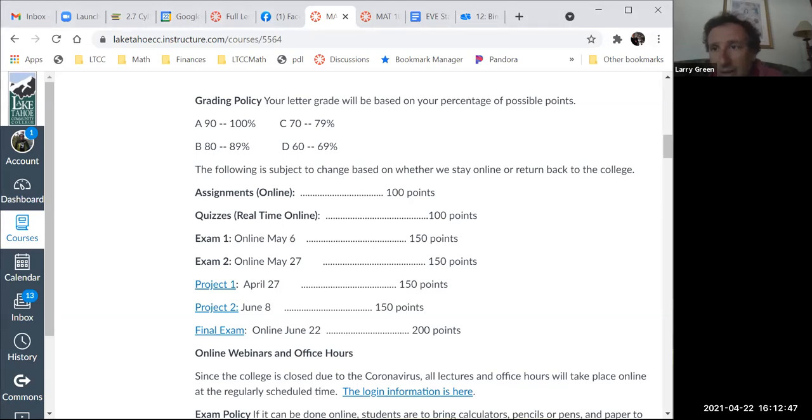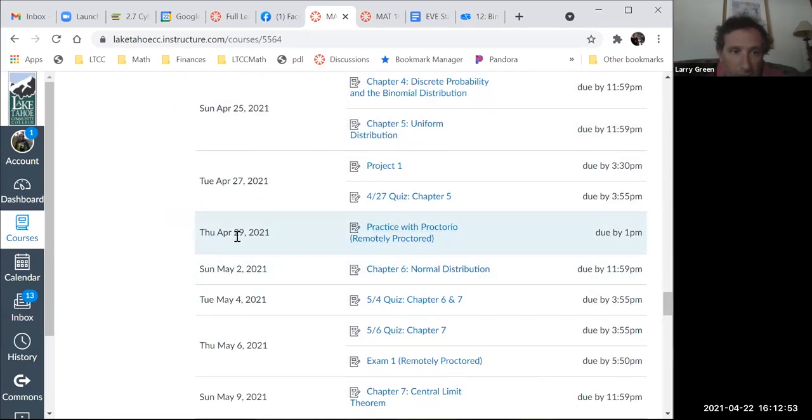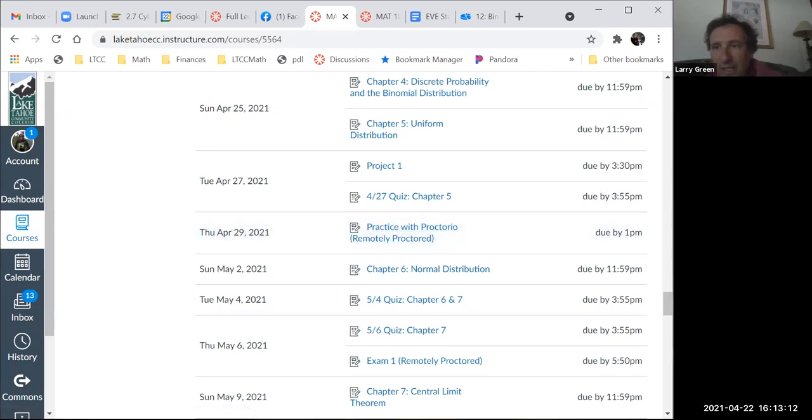And that is this practice with Proctorio. The practice with Proctorio is a remotely proctored quiz. What it does is you're going to be able to see if your computer has the ability to use Proctorio.